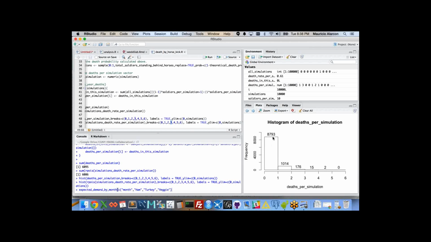As you can see, in this other convoluted simulation, I got 87 simulations with 0 deaths, versus 8693. So they line up pretty nicely.